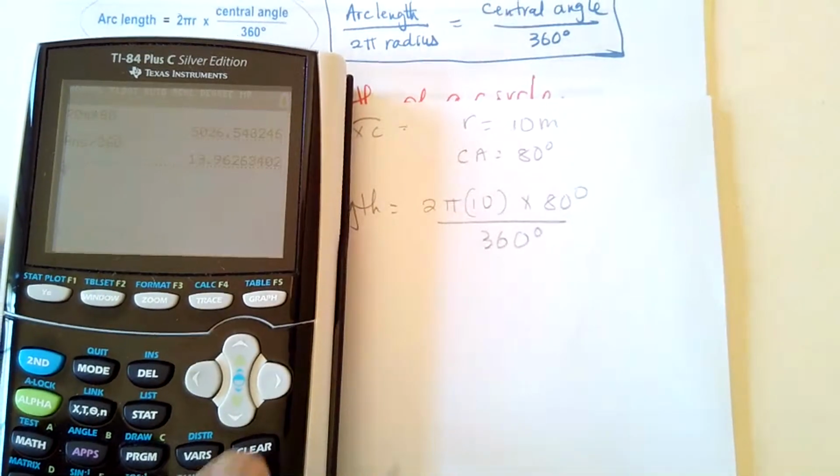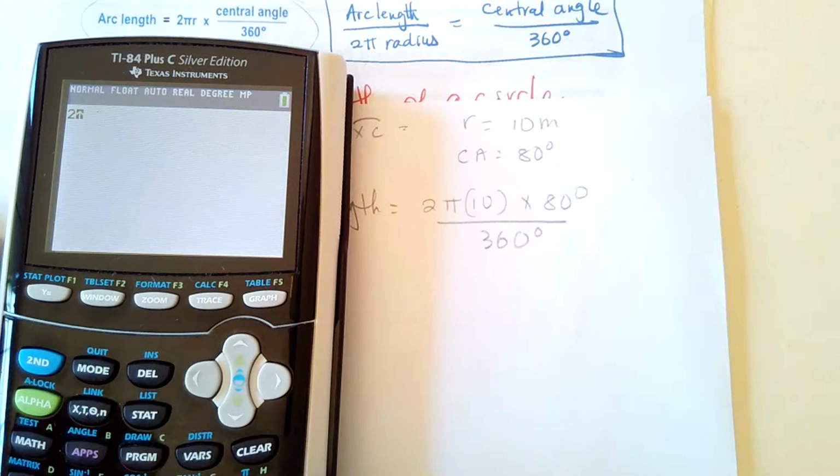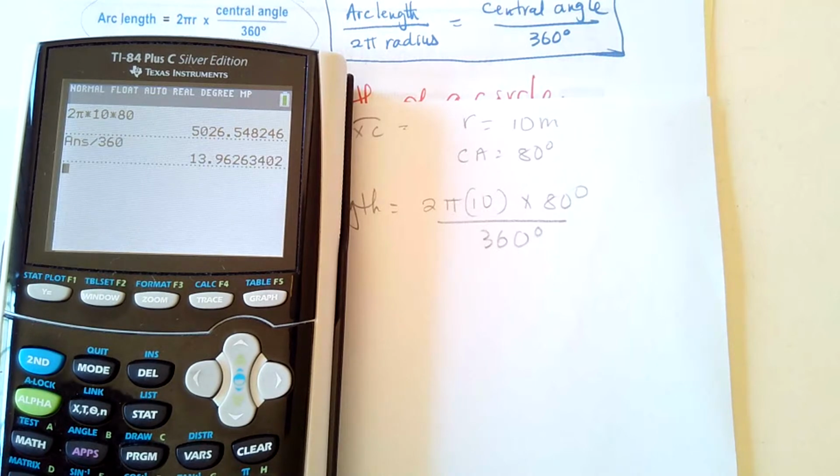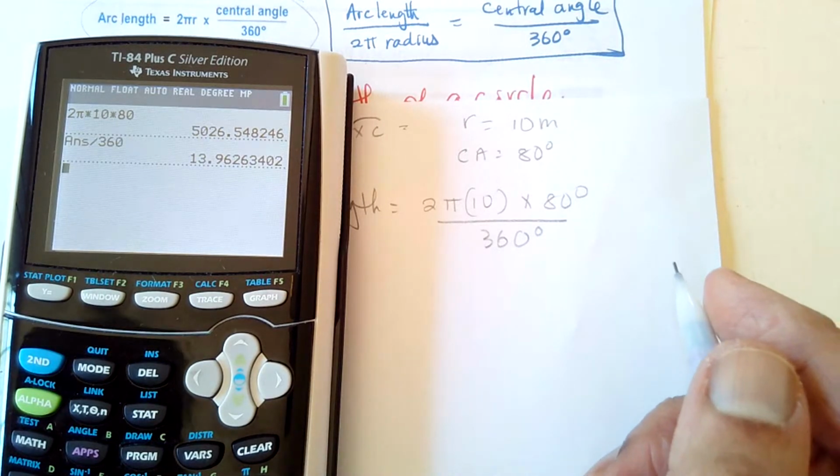With my calculator, 2 times pi times 10 times 80 divided by 360 gives me a measurement of 13.96.